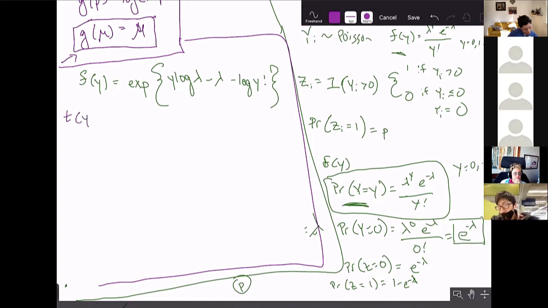T of y would just be y, right? And b of theta, I've got lambda for that as well. But since I didn't have anything as a denominator, I wasn't sure if phi would just be 1. It's okay to have a of phi equal to 1.